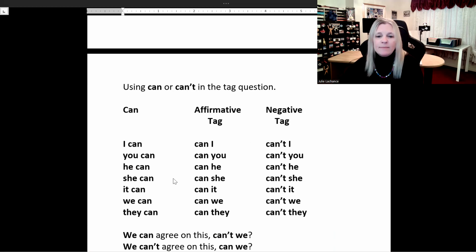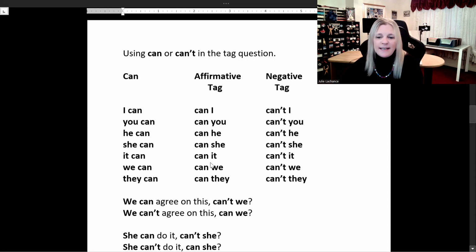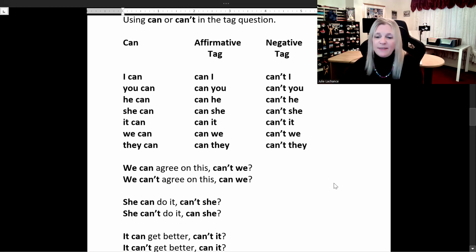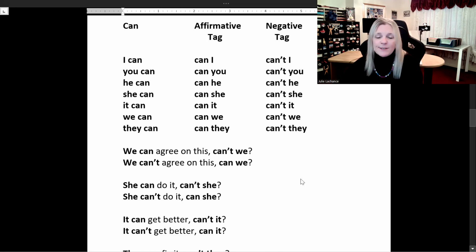She can, affirmative, can she, negative. Can't she. It can, affirmative. Can it, negative. Can't it. We can, affirmative. Can we, negative. Can't we. They can, affirmative. Can they, negative. Can't they. Let's look at some sample sentences.